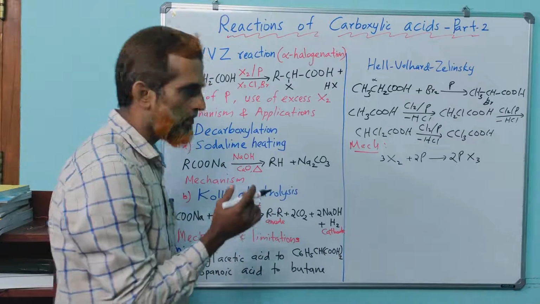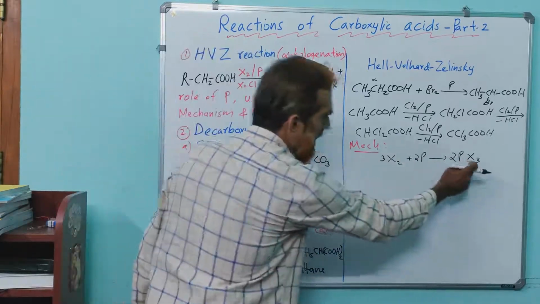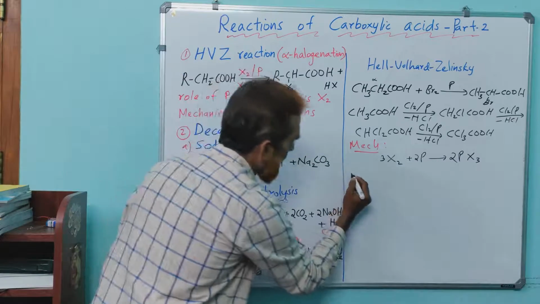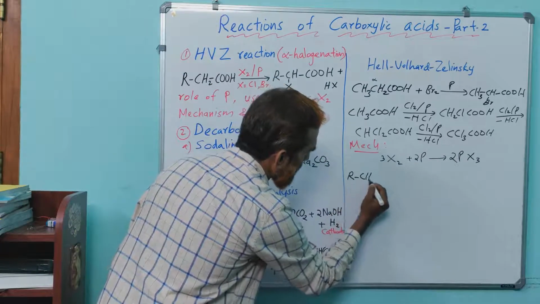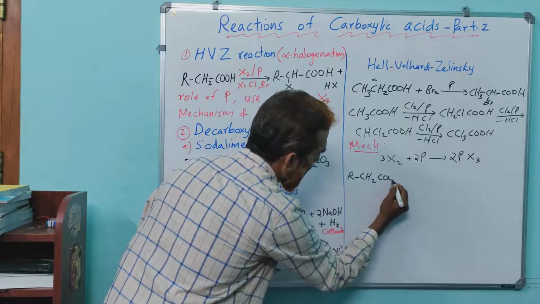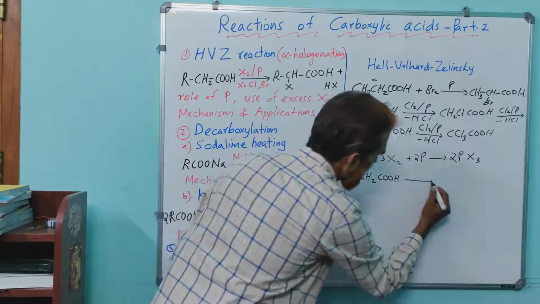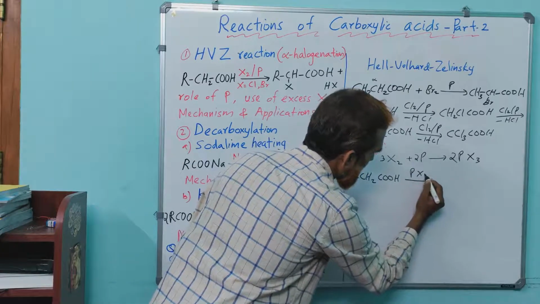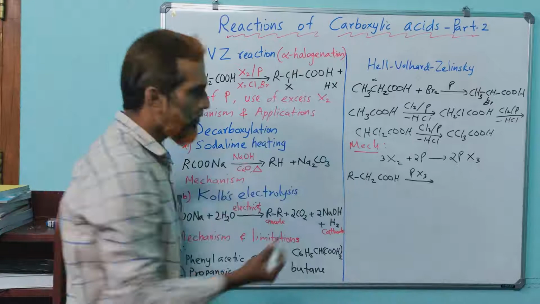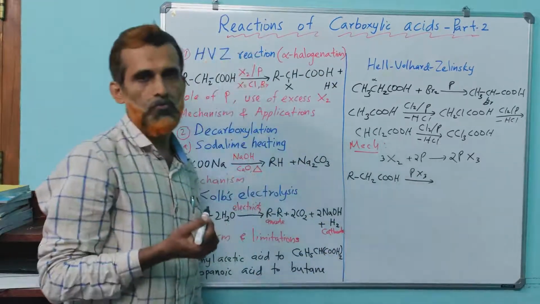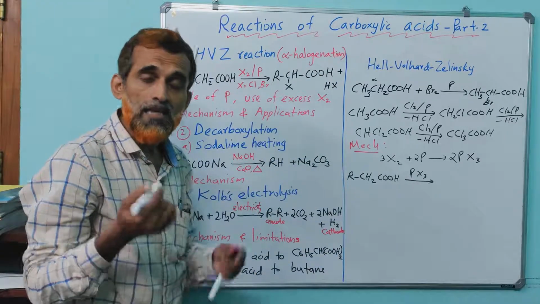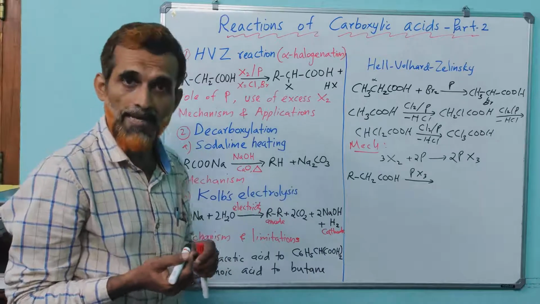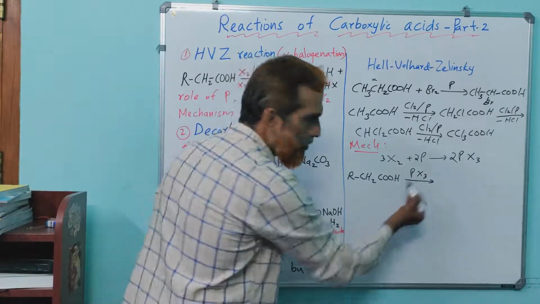Now the first step of the reaction is that this reacts with the carboxylic acid. So RCH2COOH reacts with PX3. Now this is a reaction familiar to you, in the formation of acid halide in the previous class. We know we can use PX3.